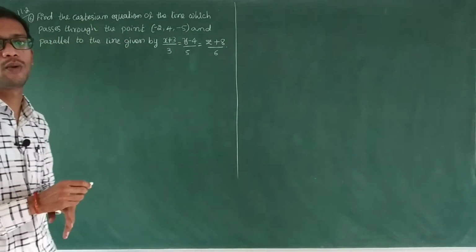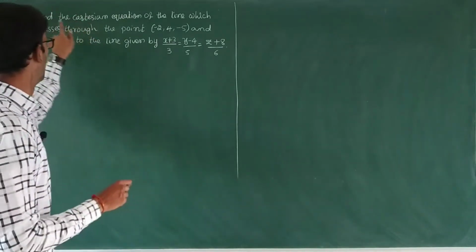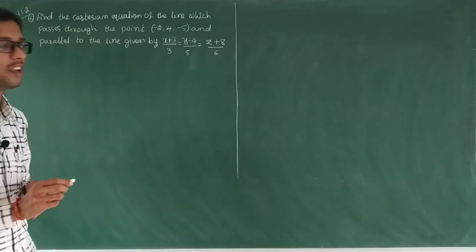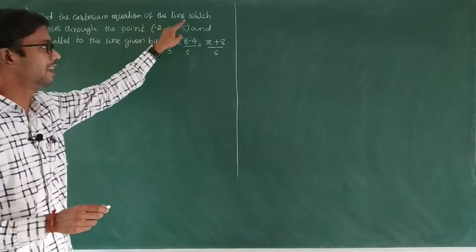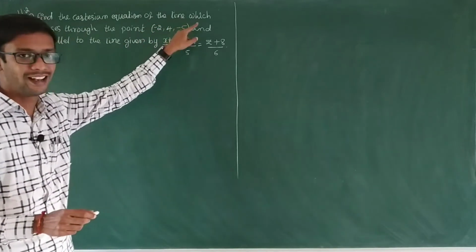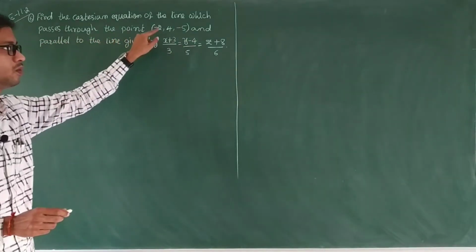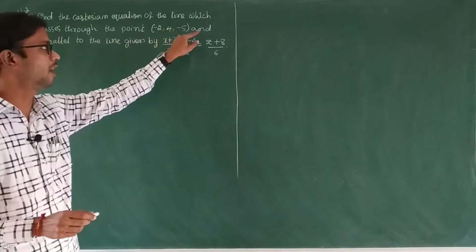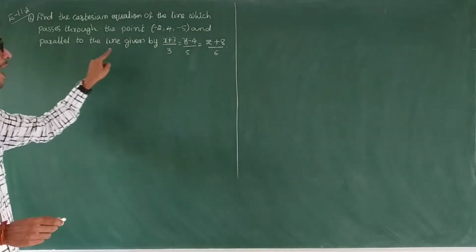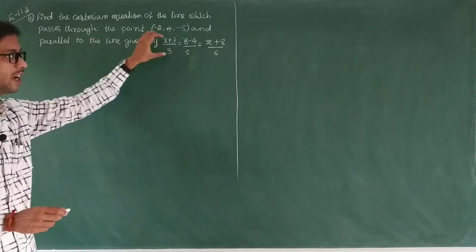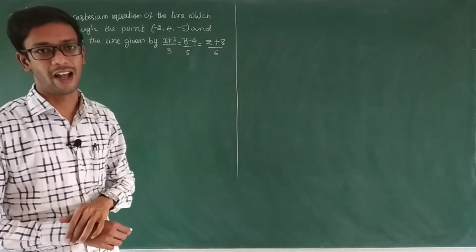Exercise 11.2, problem number 6. Find the Cartesian equation of the line which passes through the point (-2, 4, -5) and is parallel to the given line. The required line is parallel to this line.